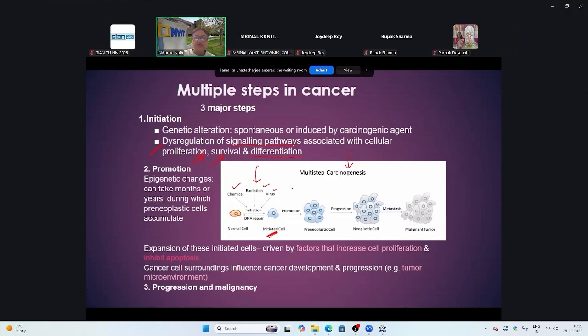So once it's initiated, now the process really is promotion. Promotion is where, slowly over time, there's going to be an accumulation of some of these awkward cells. It's not going to be a very fast process like we tend to think, unless it's a childhood cancer. So epigenetic changes take place. Epigenetic means that they are on top of what happened.